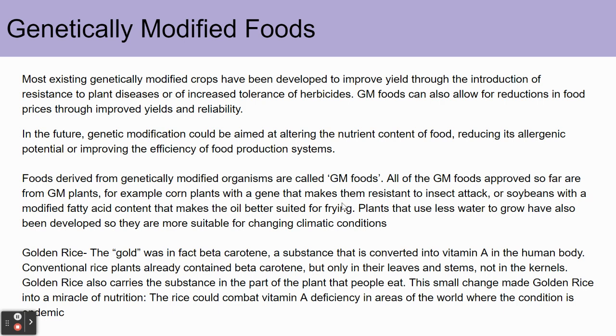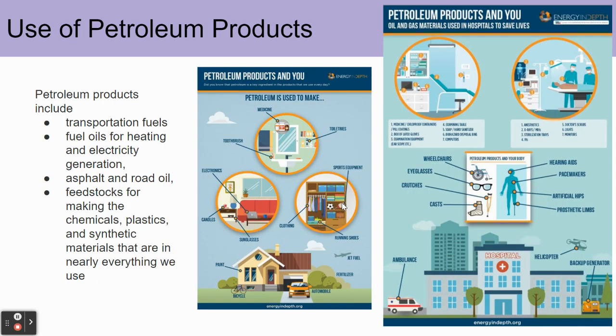All of these foods have to be labeled as genetically modified. One example here is golden rice, where vitamin A was put into rice so that third world countries could combat vitamin A deficiency by having golden rice crops in their society.